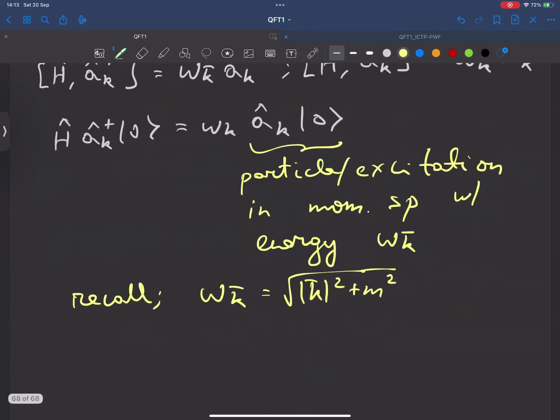And similarly, the b_k dagger state also has the same energy.